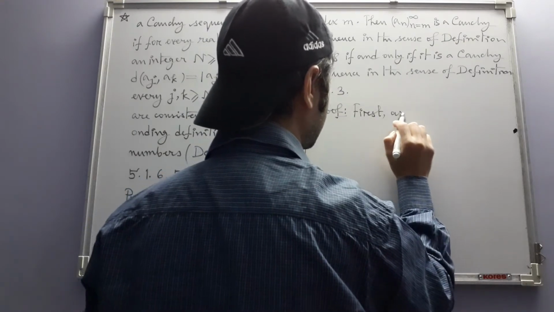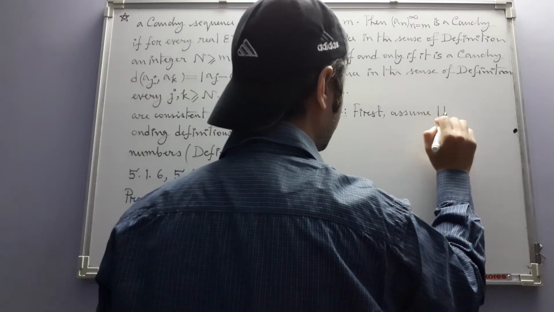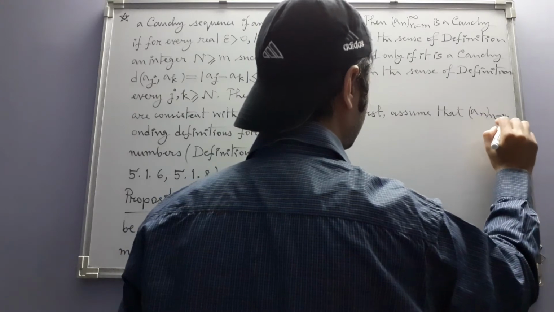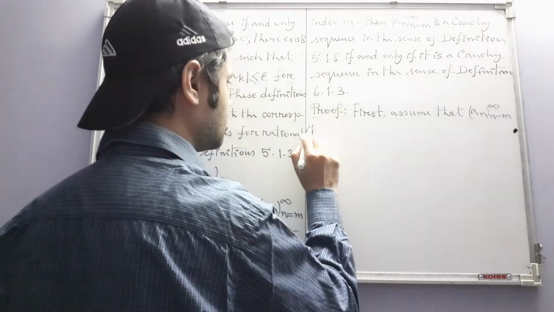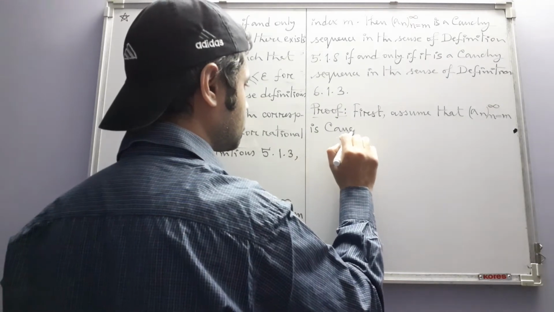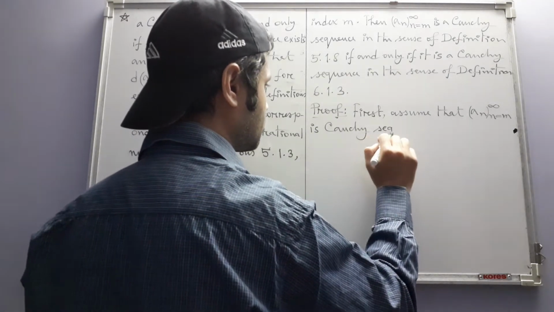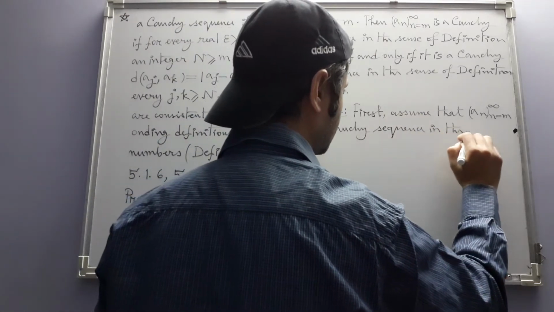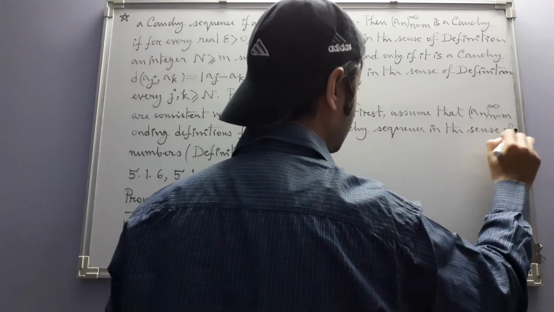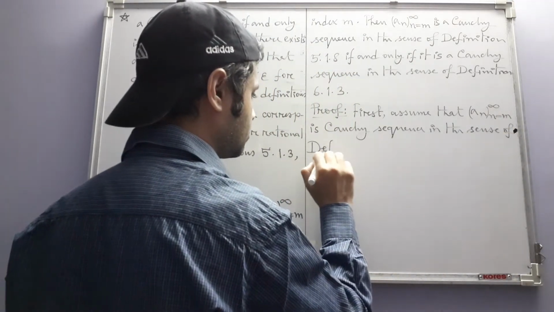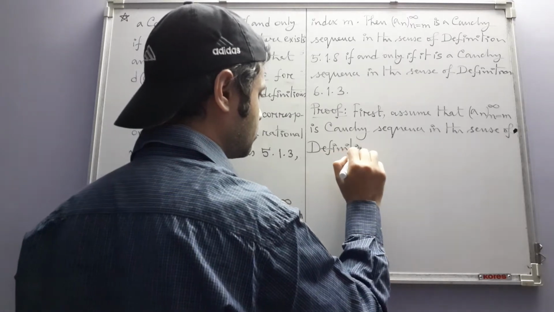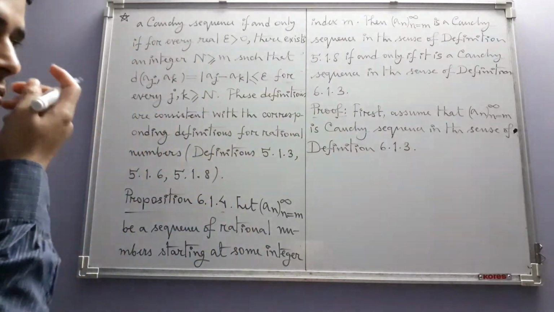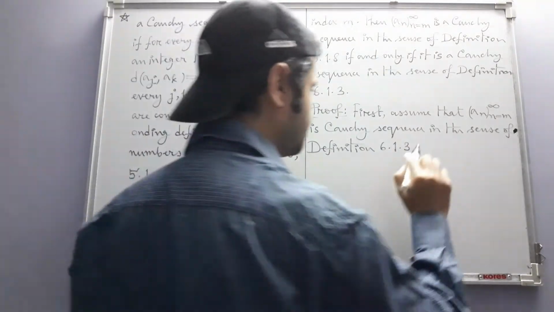First, assume that this is a Cauchy sequence in the sense of definition 6.1.3. So let us write the definition.